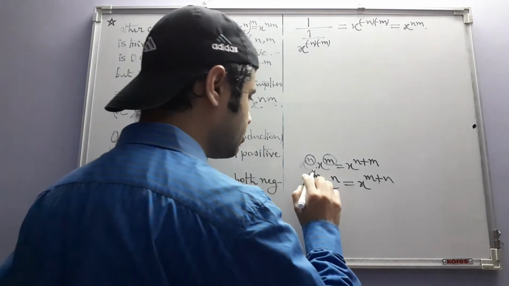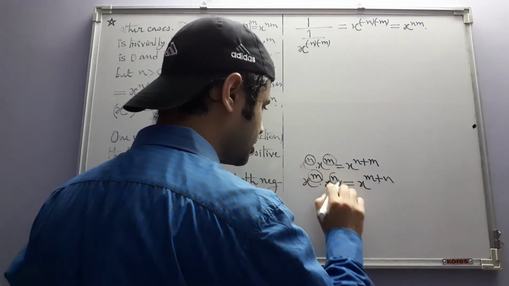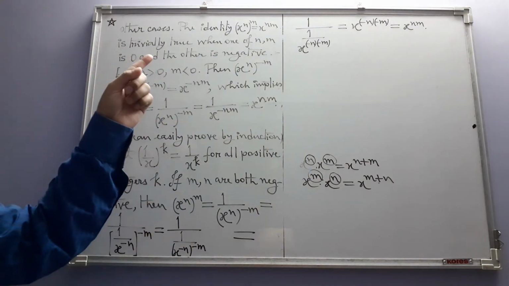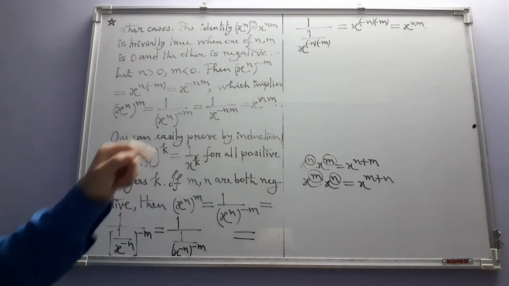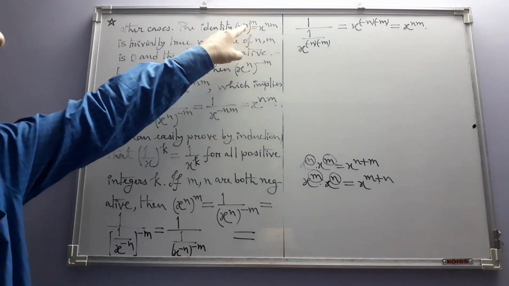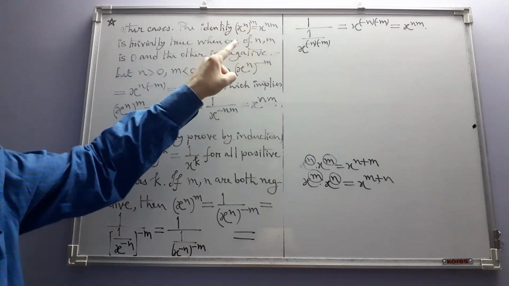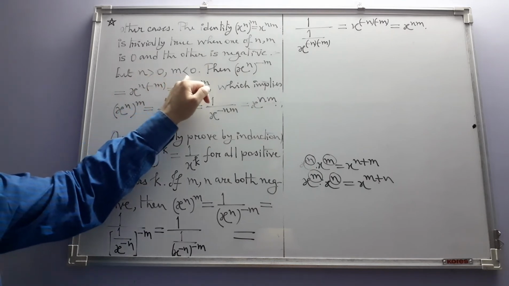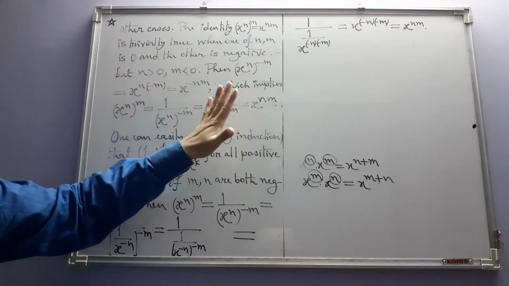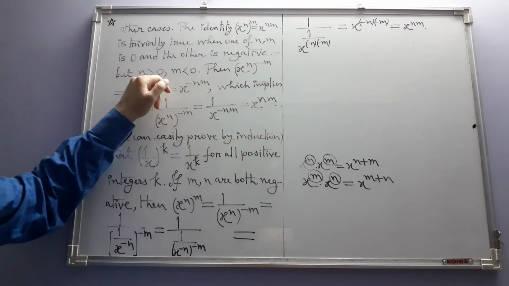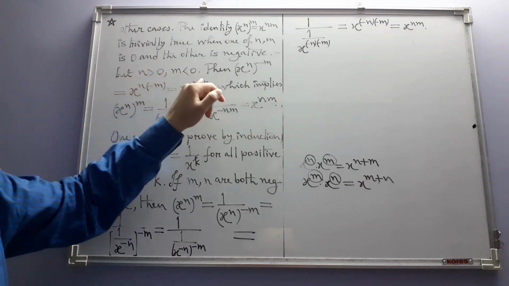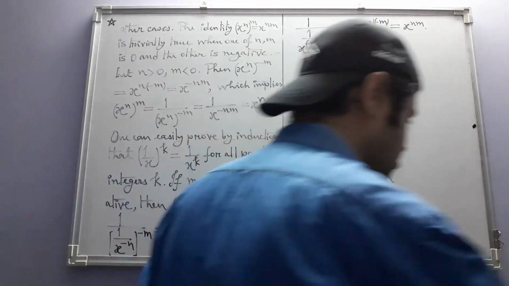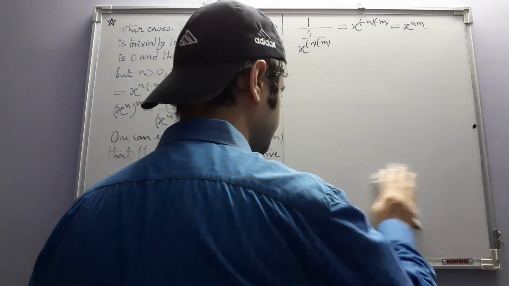So there is no special status of one of the integers. Here however, that symmetry is not there. m is outside and n is inside. So the case where n is positive and m is negative is something, and the case where n is negative and m is positive is something else entirely. So that case has to be handled separately.